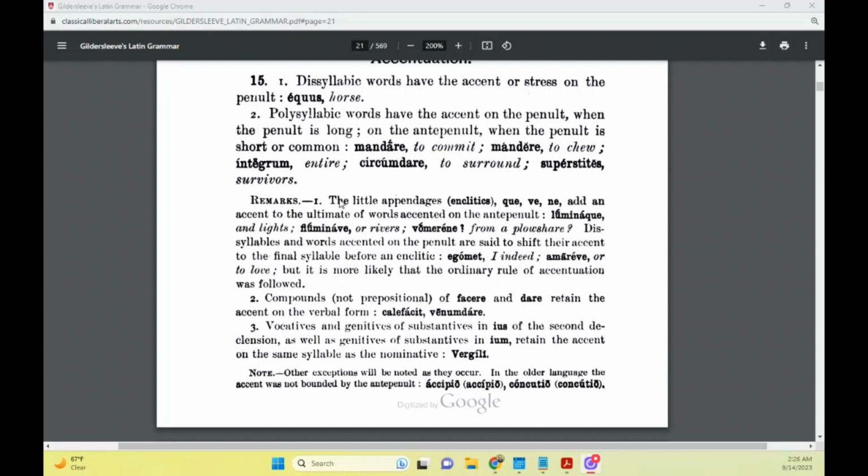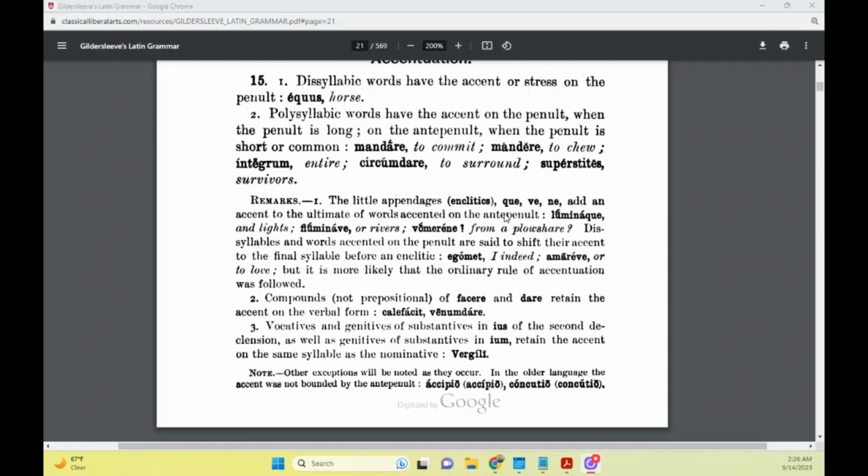Remark number 1, little appendages that are called enclitics. Little appendages. In English we call them suffixes, words that are added to the end of a word. Little appendages such as que, ve, ne add an accent to the ultimate, or the last syllable, of words that are accented on the antepenult.